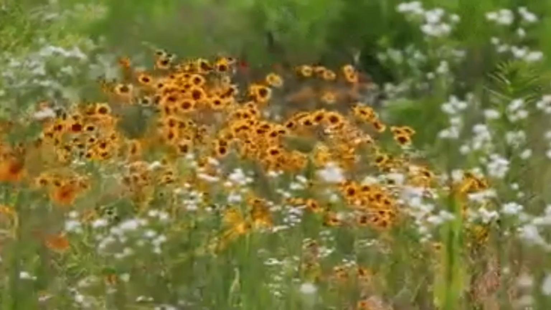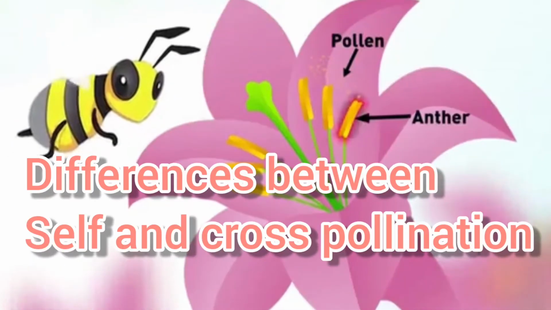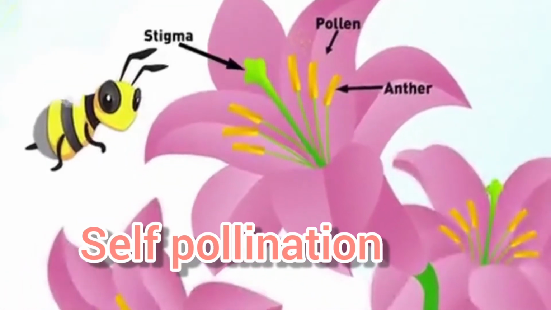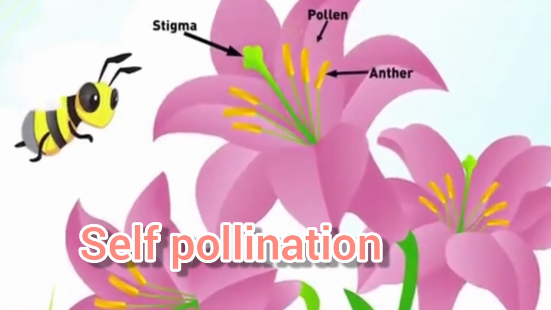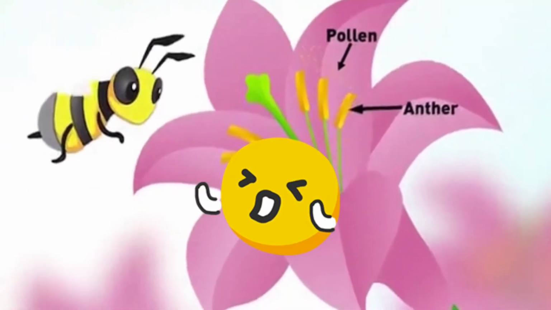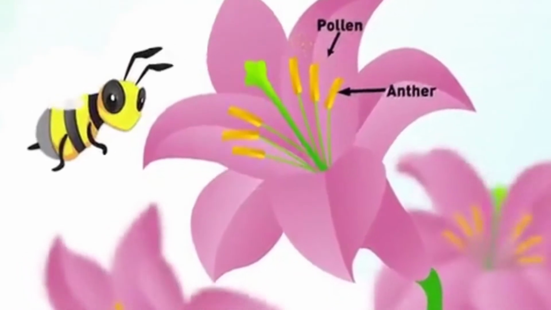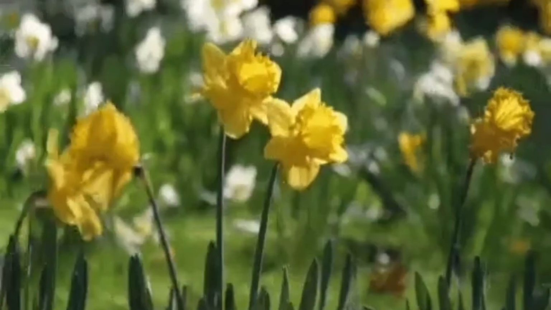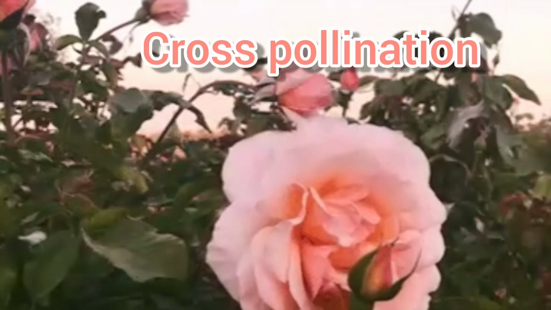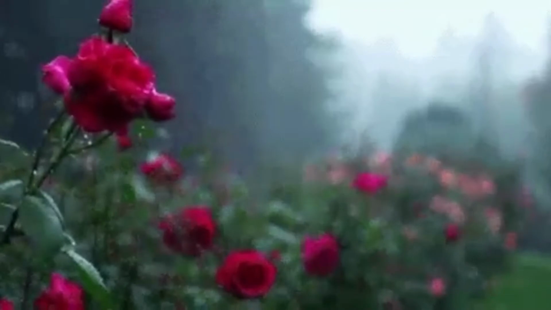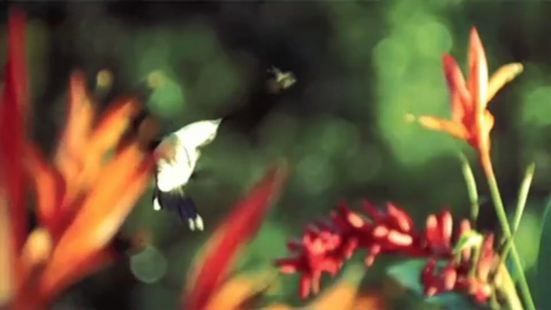So here we can differentiate the two. In self-pollination, flowers are usually not attractive because they do not require such pollinators or agents for pollination. But in cross-pollination, flowers are brightly colored and attractive to attract the pollinators because they need some external agent like wind, water, bird, insect for pollination.